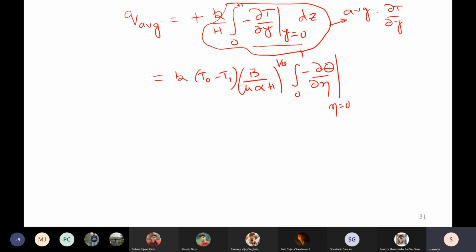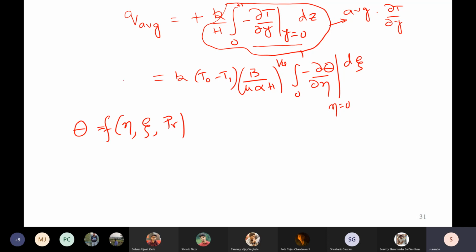Since it's at y equal to 0, it's eta equals 0, times d zeta. Now we have understood that theta was a function of eta, zeta, and Prandtl number.